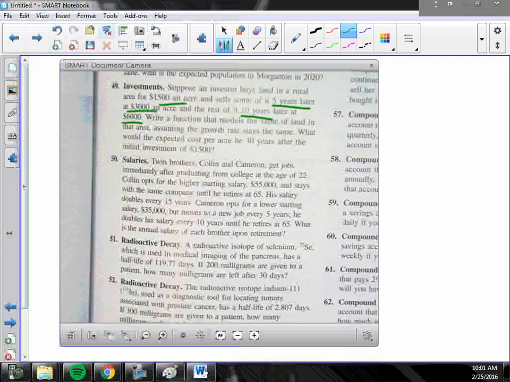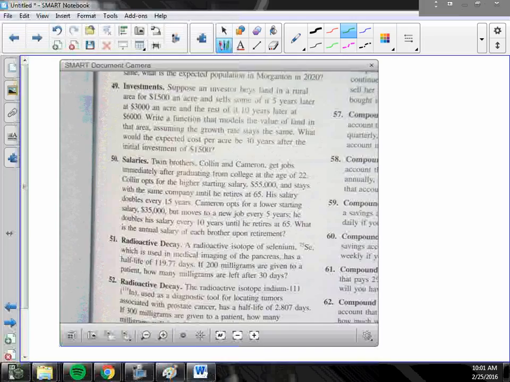I'm not even sure this is worth our time. Well, let's try this one and see how it turns out. I haven't done it yet. Models the value. Nope, never mind. Never mind. Sorry, guys.